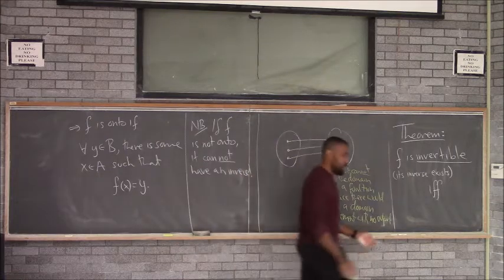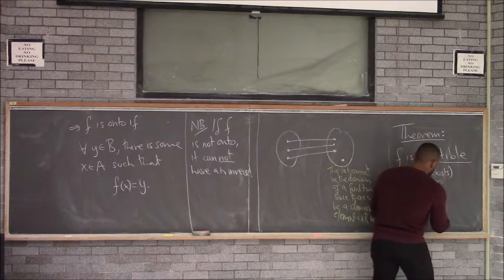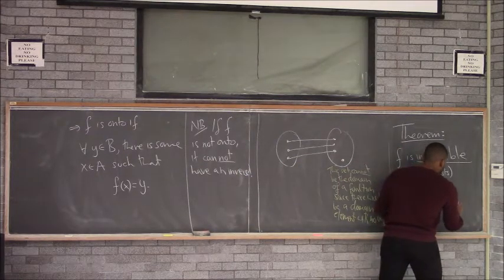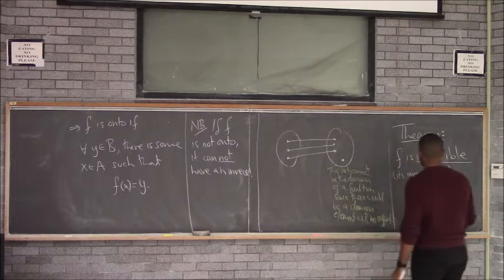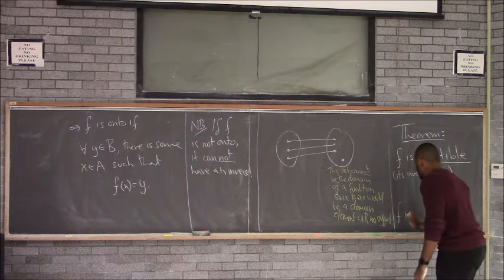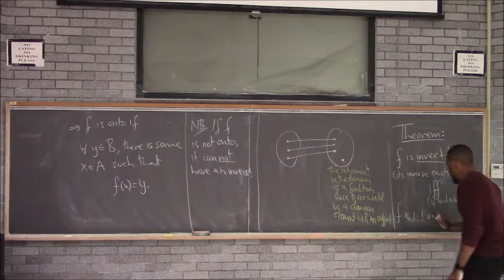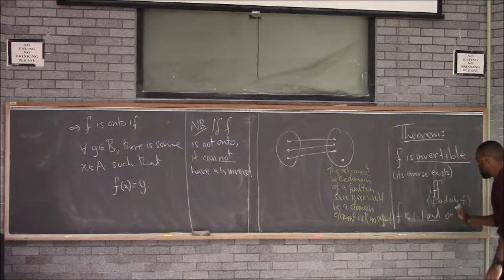So if you ever read that in a math book, it's not a typo. This means if and only if f is one-to-one and at the same time onto.